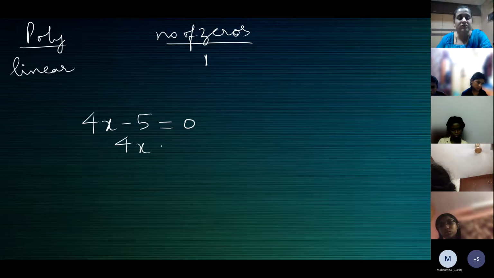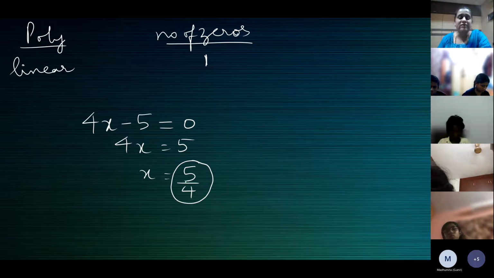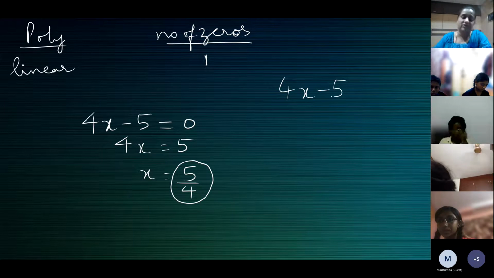So you get 4x is equal to 5, x is equal to 5 by 4. We say that 5 by 4 is the one and only zero of this linear polynomial 4x minus 5.